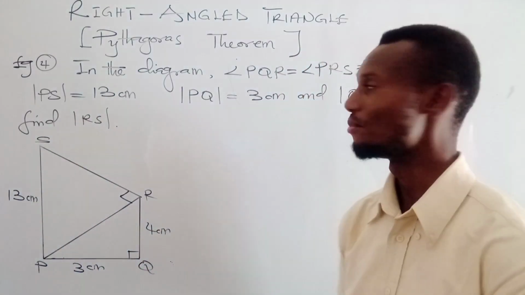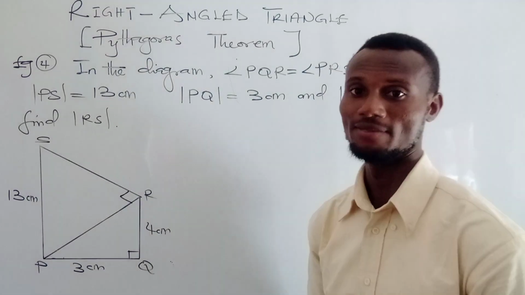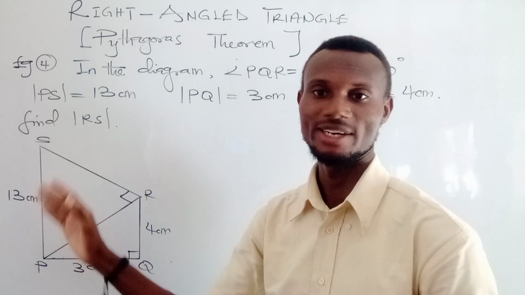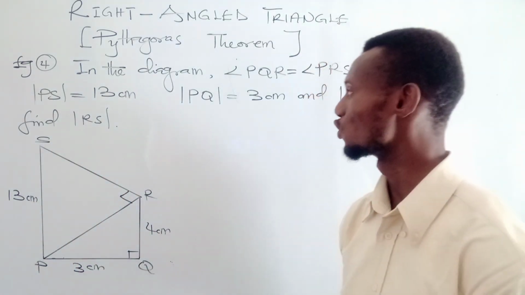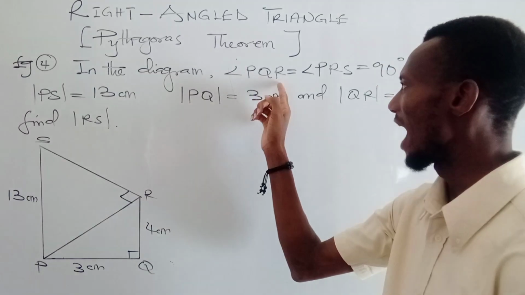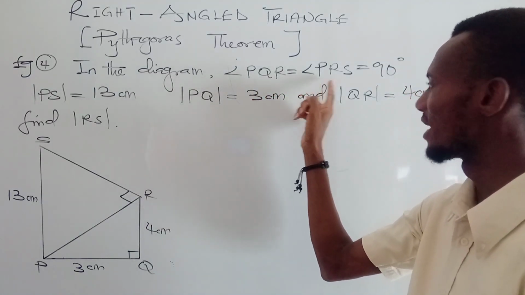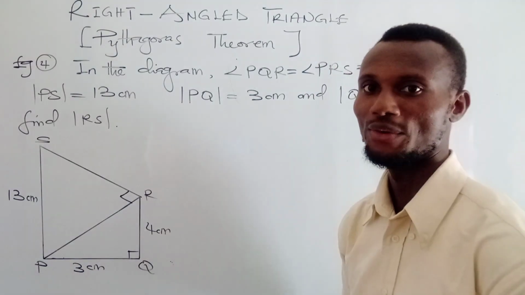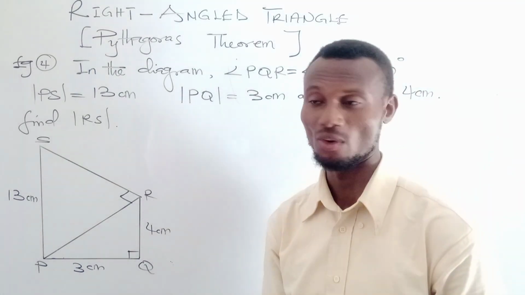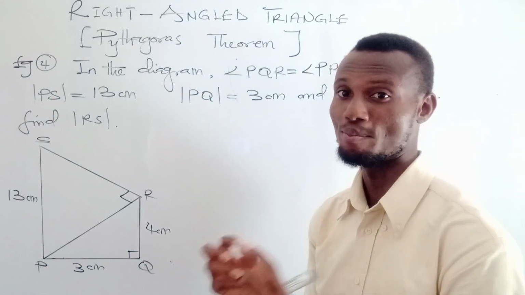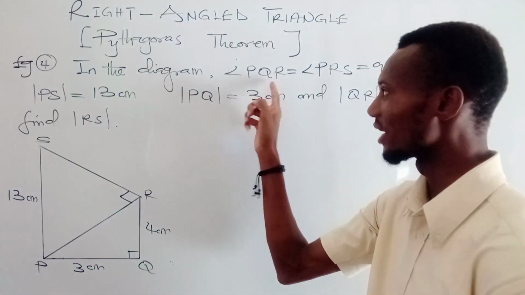So now before we proceed and find the value of the line RS or the length RS, we need to be able to identify the angle PQR and also the angle PRS in the diagram. I hope you agree with me up to this point. So now I'm going to explain what we mean when we say angle PQR.